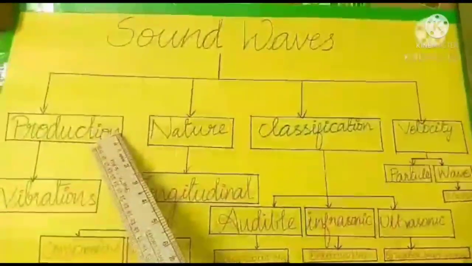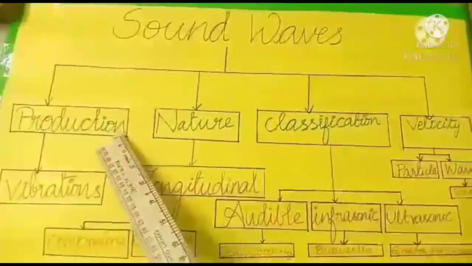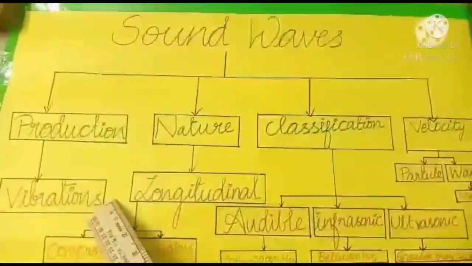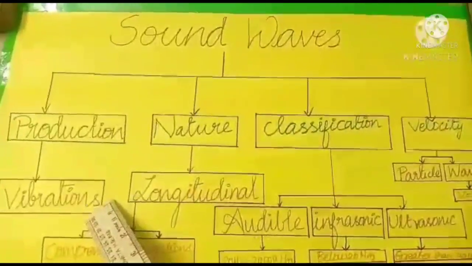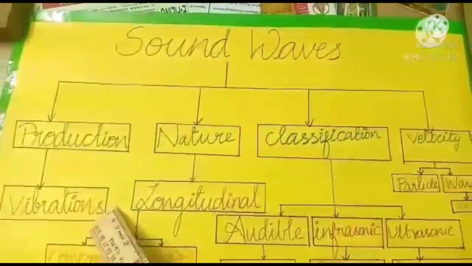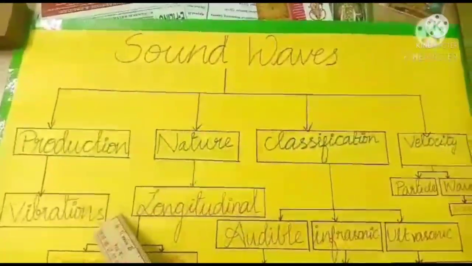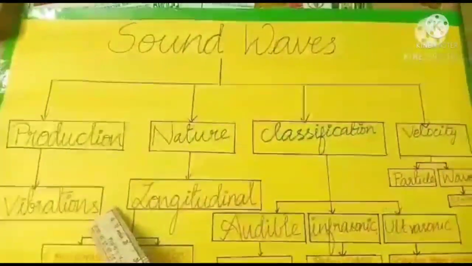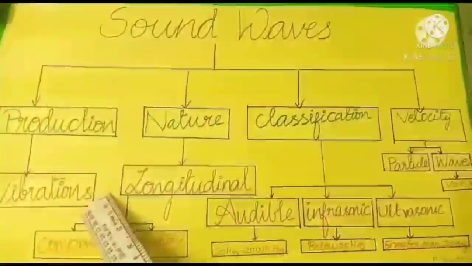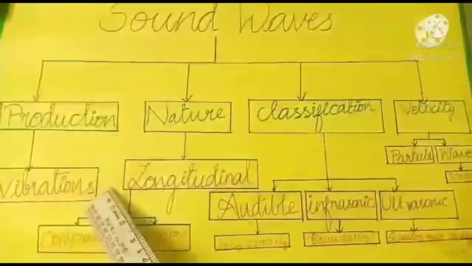Sound waves are produced by vibrations. Examples: vibrations of a tuning fork, vibrations of a string in a guitar, to and fro vibrations, etc. It is also caused by the vibrations of the air molecules. These vibrations cause disturbances in the air molecules.